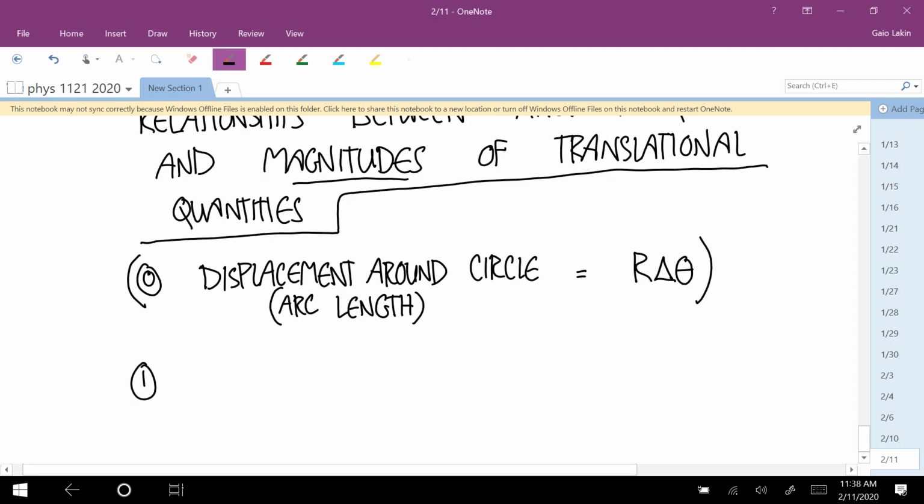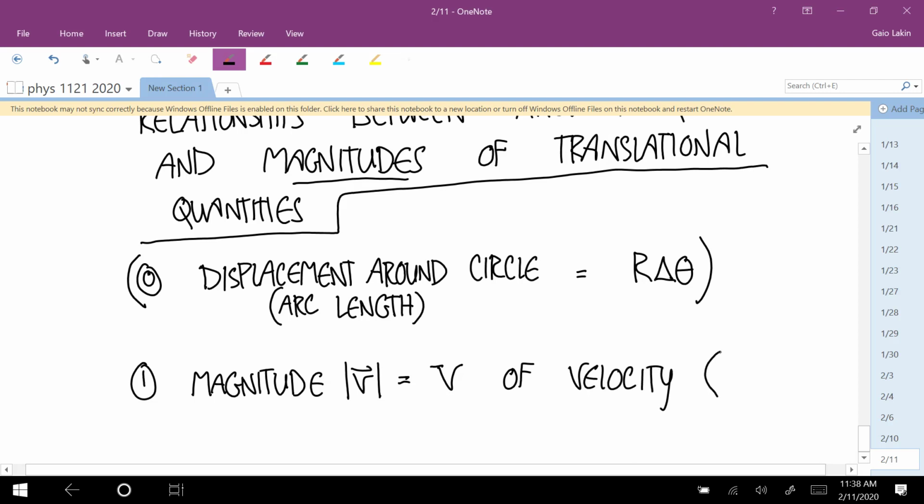So first, the magnitude of the velocity. And you can denote it as the magnitude of the velocity vector like this, or a lot of times people show it as a capital V. And what's another name for the magnitude of velocity?